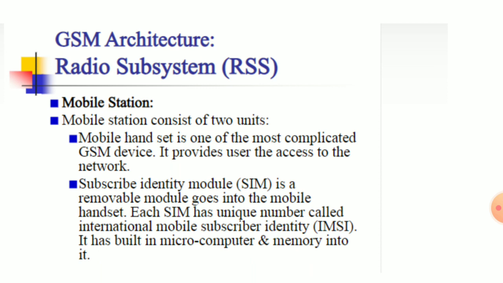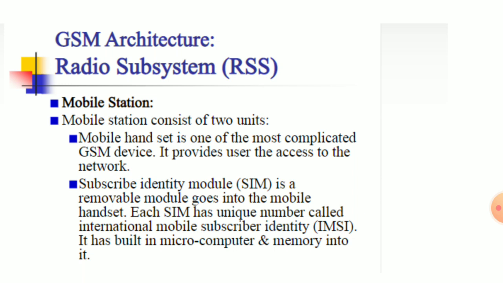One more part of the mobile station is the SIM, the subscriber identity module. It is a removable module that goes into the mobile handset. Each SIM has a unique number called the international mobile subscriber identity.